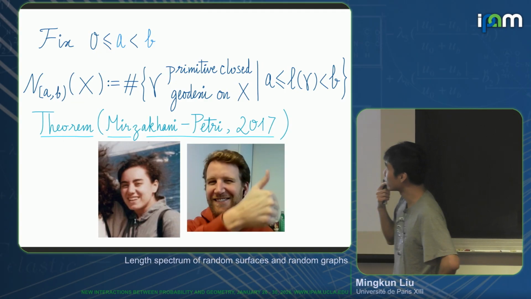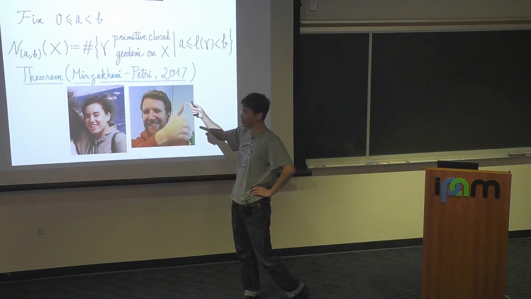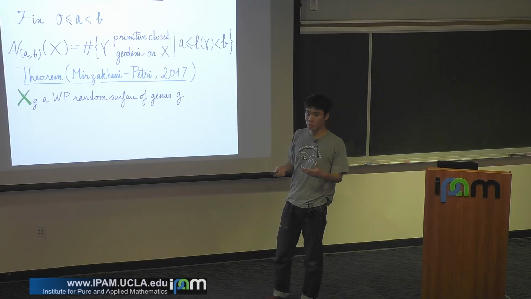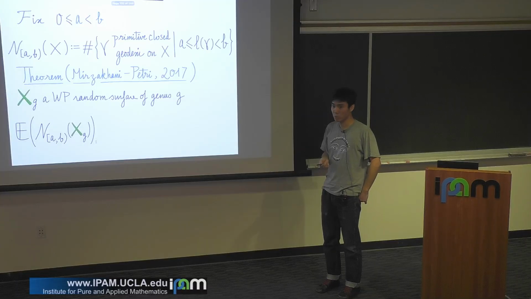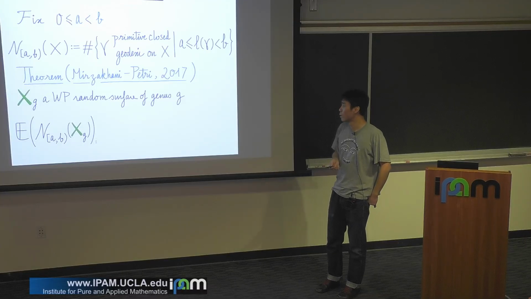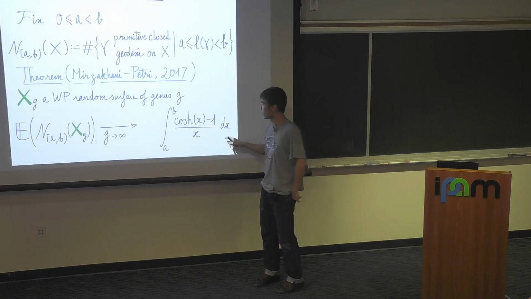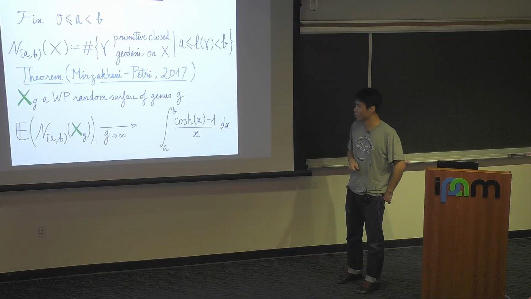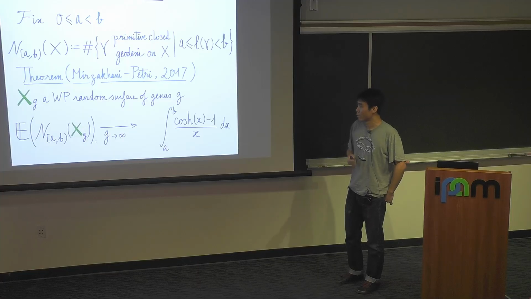What they did in their theorem is this: for every X, if it's deterministic, this is just a number. But if you plug in a random surface, it becomes a random variable. You can ask, for example, what is the mean value of this random variable? They proved that when g goes to infinity, this converges to this funny integral of this funny function, (cosh x minus 1) divided by x, on the interval you started with.